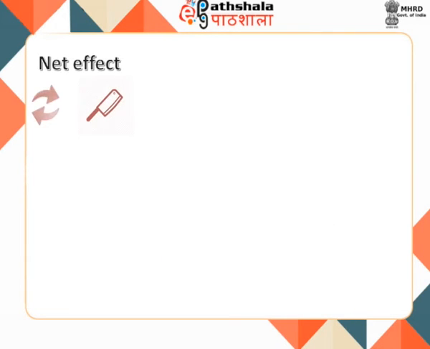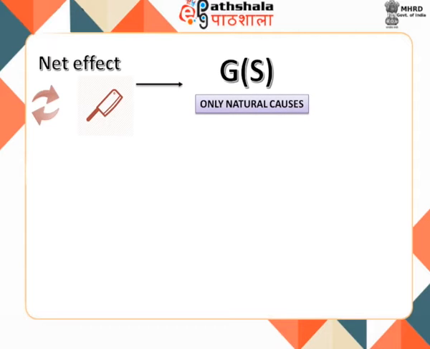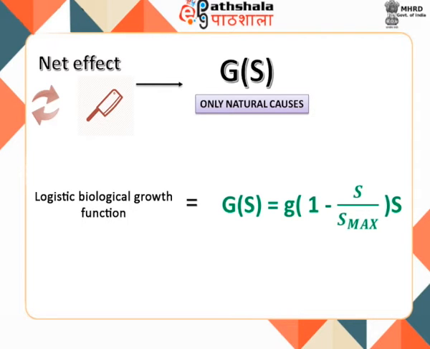Now, to refer to the net effect of natural changes and human predation, the module shall use the alternative symbol G(S), as G depends upon S, to refer to stock changes due only to natural causes. With this change, the logistic biological growth function becomes G(S) equal to g multiplied by (1 minus S divided by S max) into S. This notation defines a logistic growth function for the case where the species does not possess any non-zero lower threshold population level.